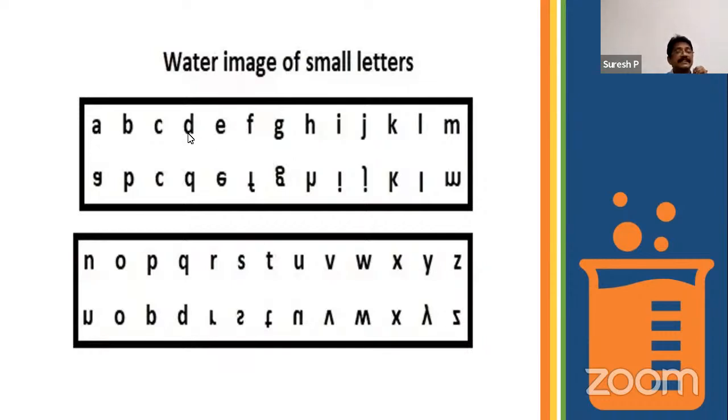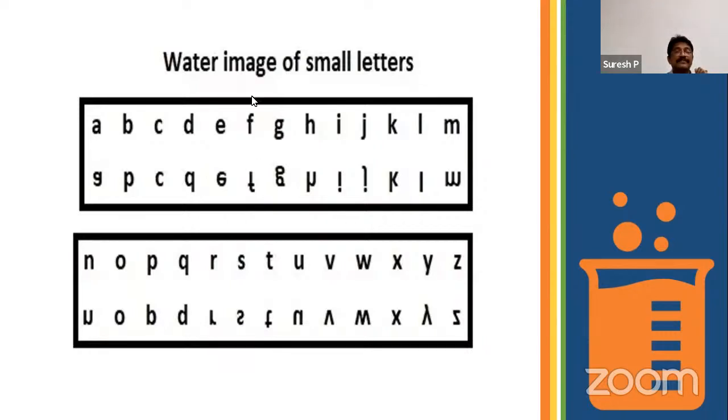So which letters' water images are similar? Letter C, correct? Letter C only, letter O. Okay, and the others will of course be inverted vice versa, which means the water image of B is P and the water image of P is B, and the water image of Q is D and the water image of D is Q. This is very good.